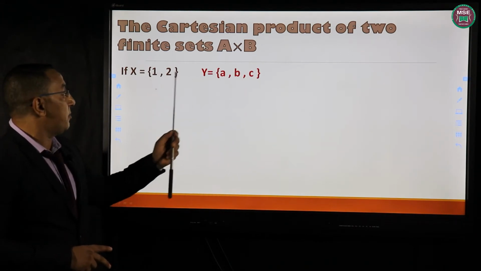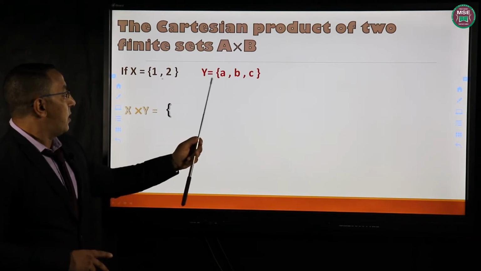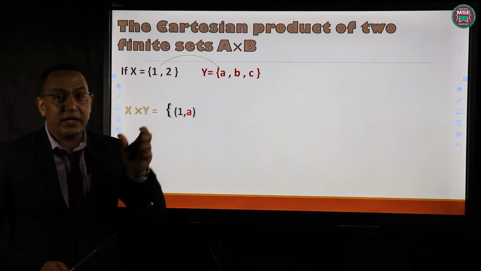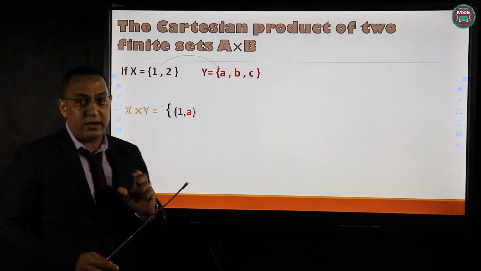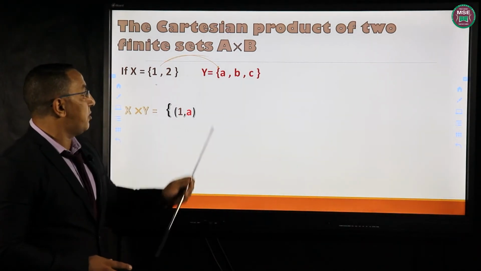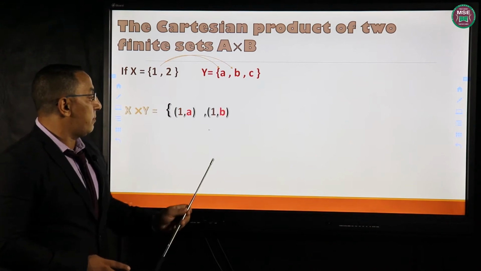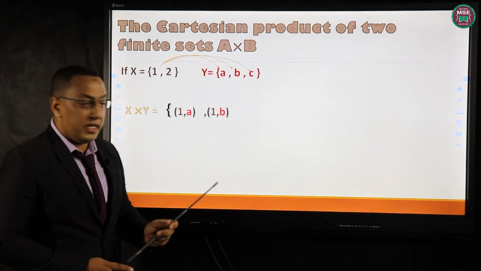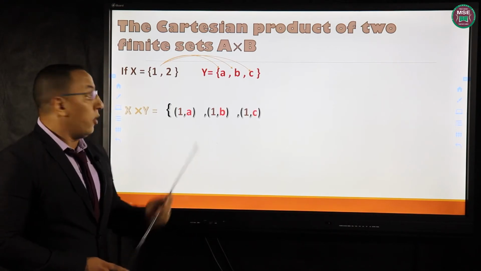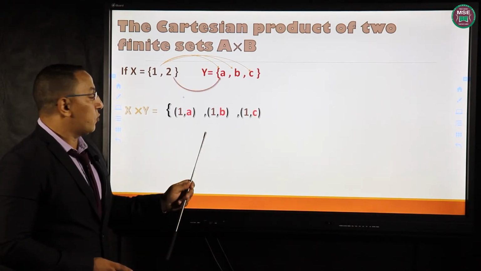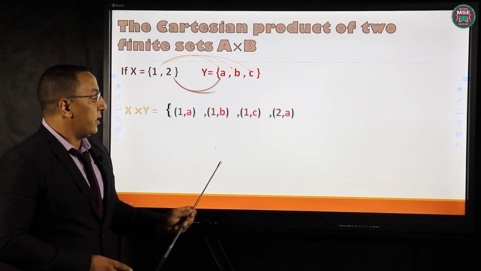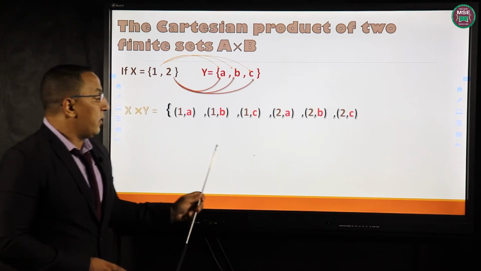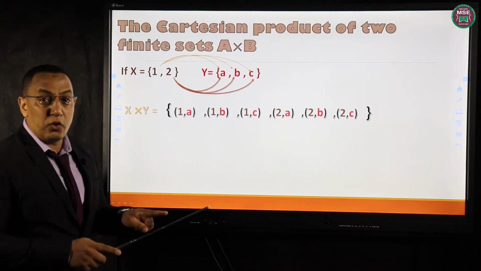So 1 distributed with A, like this, it will be 1 and A written in order inside an ordered pair. And also 1 distributed with B, so it will be 1B, okay, and 1 distributed with C, it will be 1C. Also 2 with A, 2A, 2B, 2C, okay? Here we have, and then I'm going to close the set.